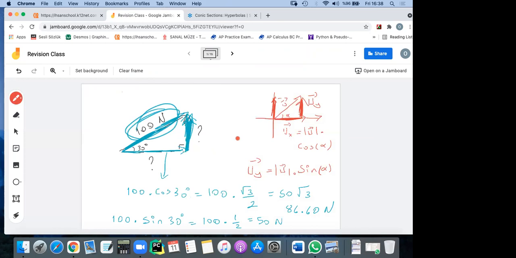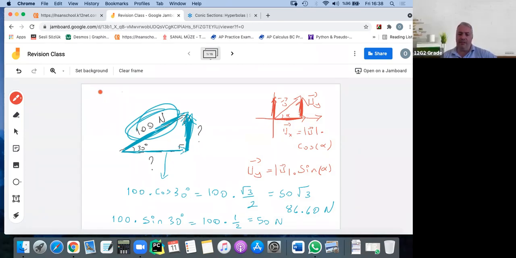Sir, for the first one, is it a rule that we have to do cosine times whatever the angle is?